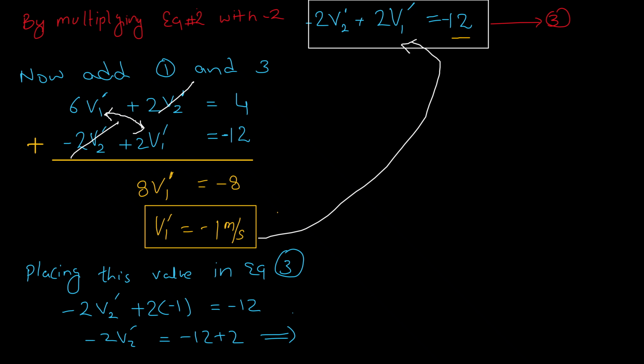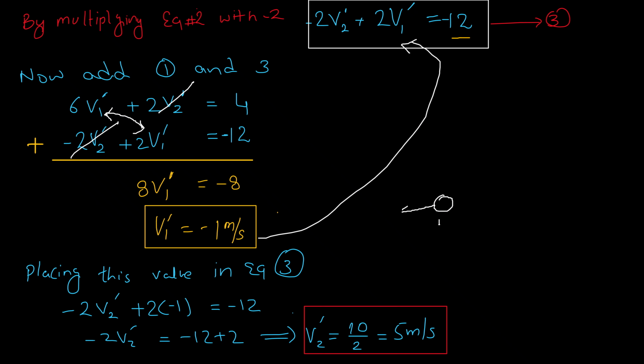And when you rearrange it, we can get v2 prime equals 5 meter per second. So v1 is the velocity of the first ball in negative direction, 1 meter per second, and v2 is the velocity of the second ball in positive direction with velocity 5 meter per second.